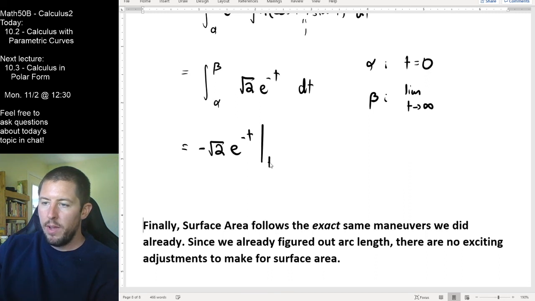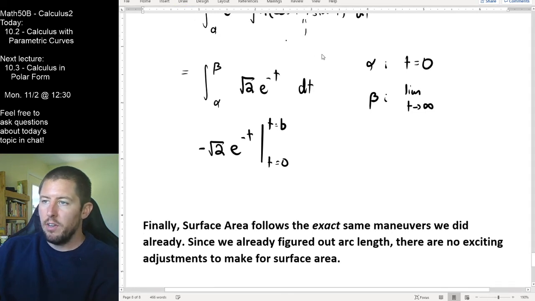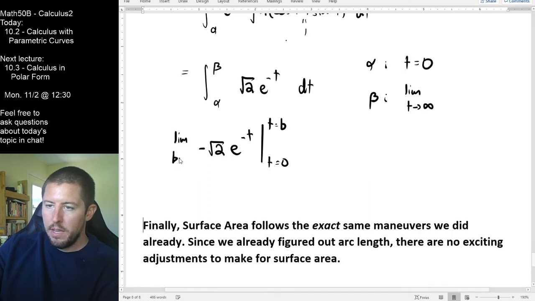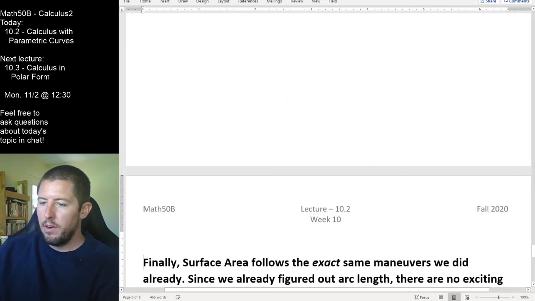And I'm going to evaluate this from t equals 0 to t equals, and let's just call it b right here. And I'm going to go back and fix this the same way we typically do. I'm going to do this properly, since I think the last time I wrote an indefinite integral, I was bad with my notation here. Limit as b goes to infinity is what we're getting here. So it looks like this is going to be, out of here, surface area.